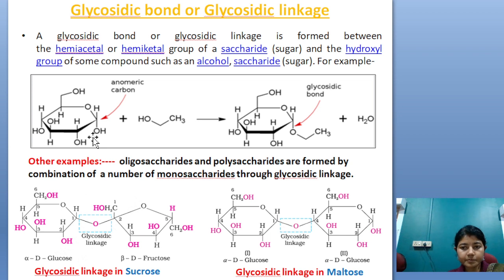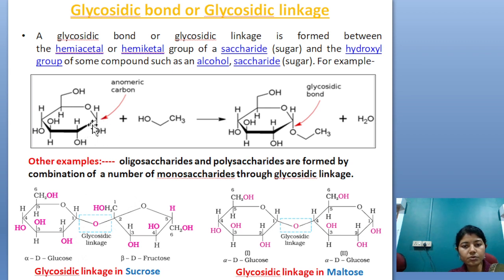Why? After decyclization of this structure, this OH group gets transformed into aldehyde or ketone. That's why this OH group is termed as hemiacetal or hemiketal. So here in the glucose, this is the hemiacetal group.